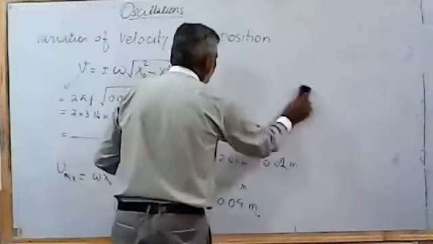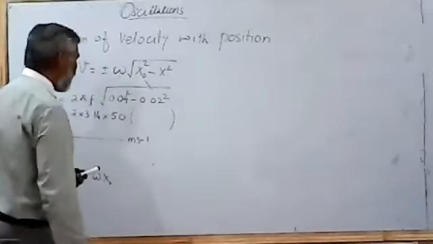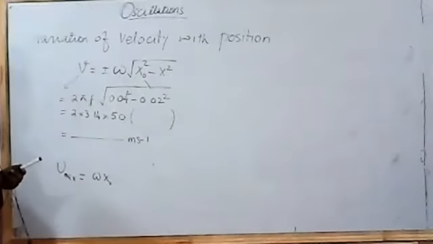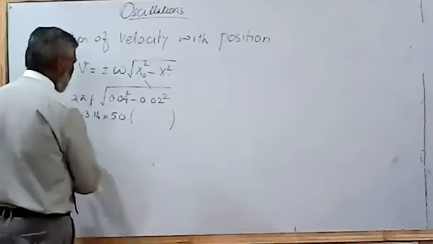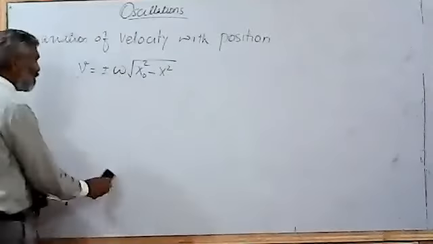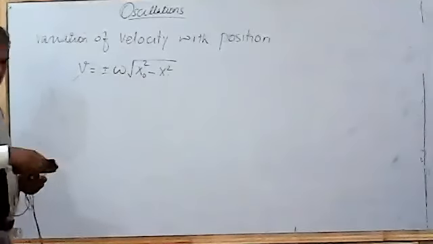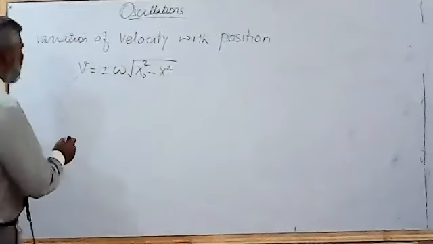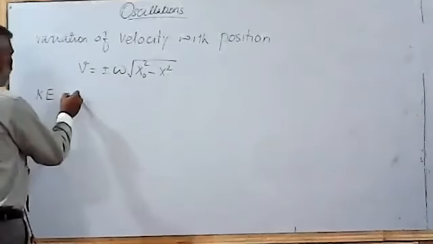One more thing, and that is the variation of kinetic energy. Because this expression gives us the variation of velocity with position, we can derive an expression of kinetic energy with position.